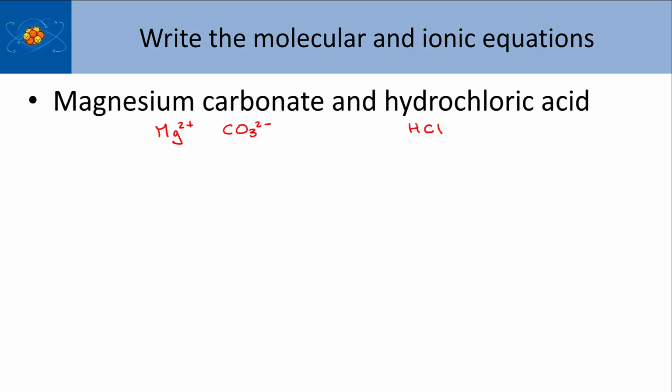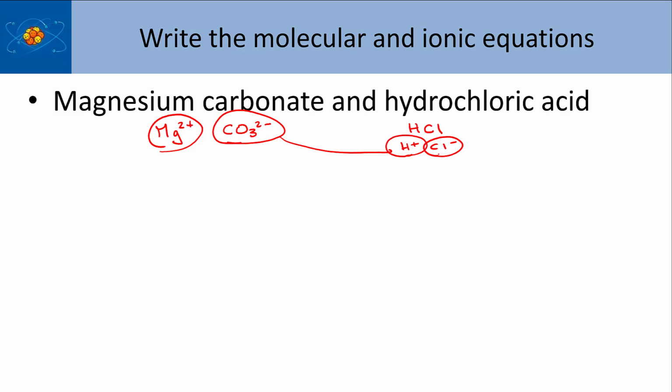And so I could think of HCl as being H+ and Cl-. And so I'm going to get carbonate and hydrogen forming a compound, right? And I'm going to get magnesium and chloride forming another compound.